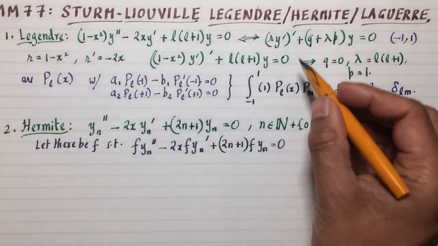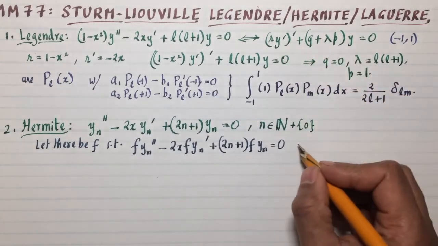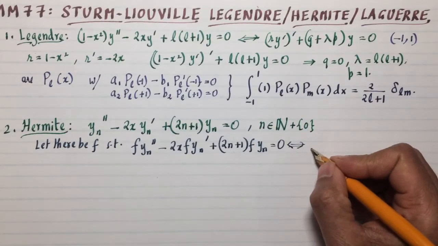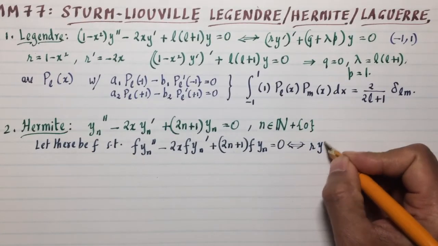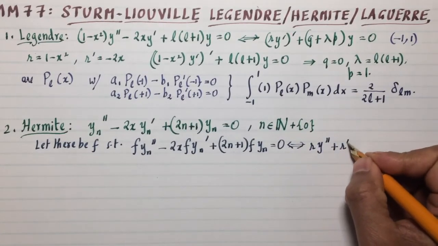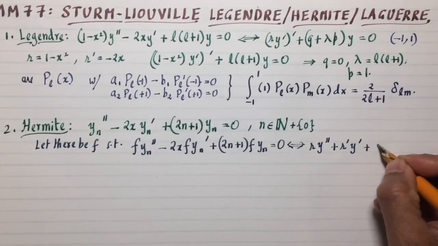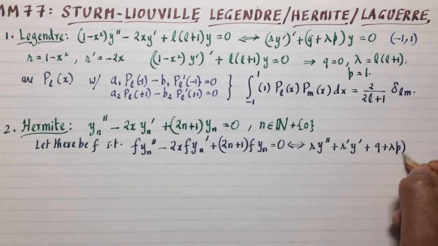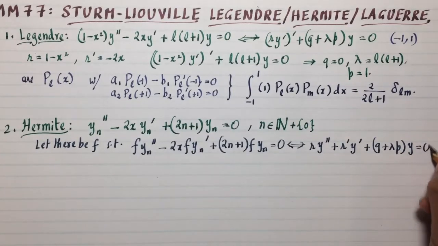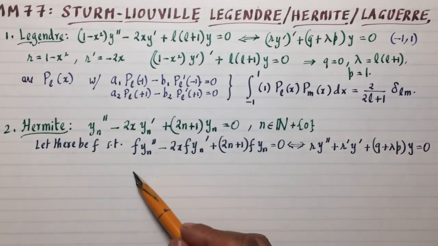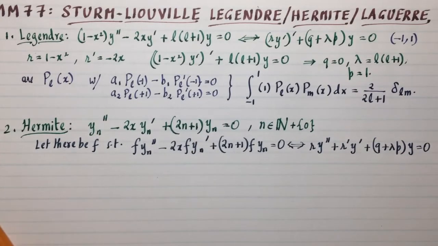Now if I look at a standard shape and I write it out fully, the comparison I have to make is r y double prime plus r prime y prime plus (q plus lambda p) y equal to 0. Now how do I solve for f? Well, it's very simple. You have a set of conditions now.